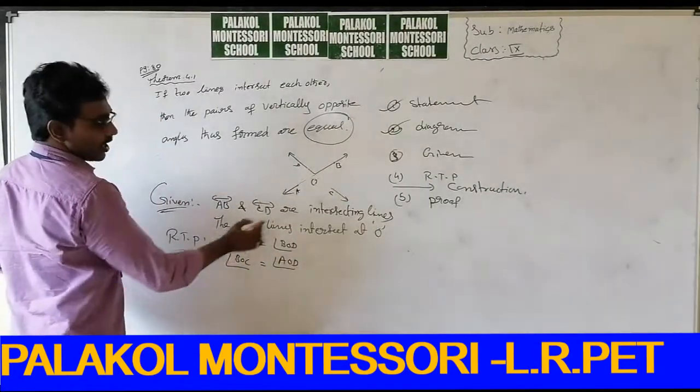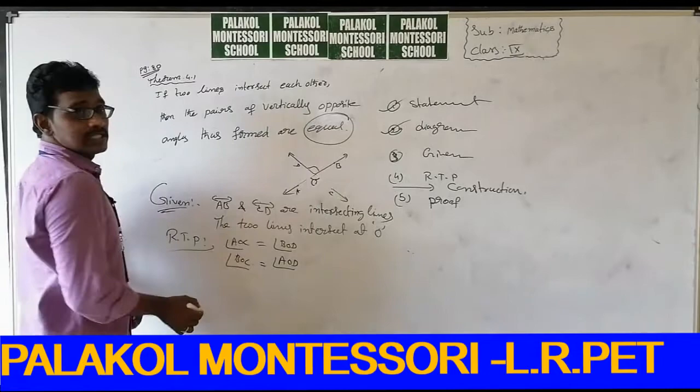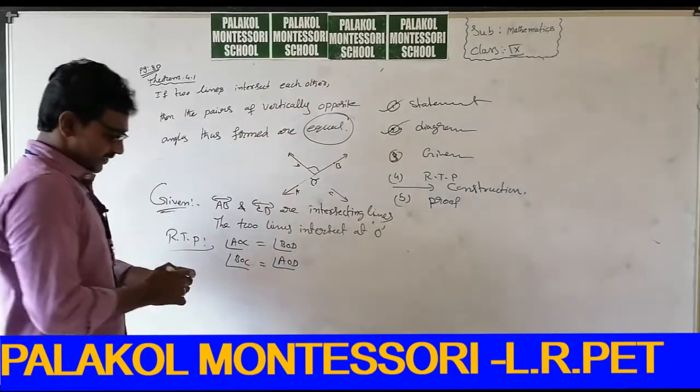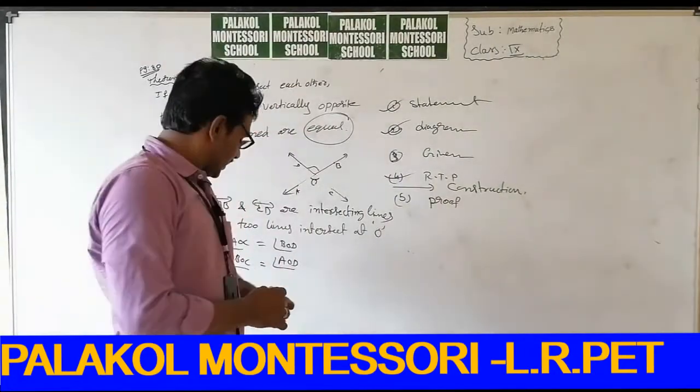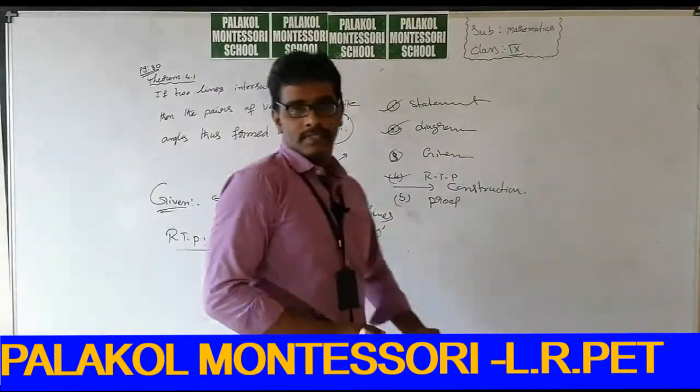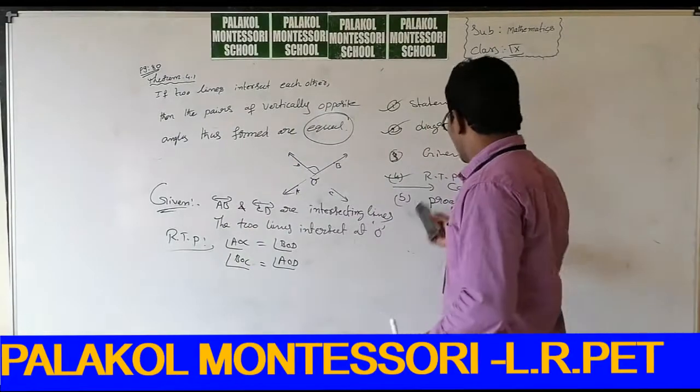So these are called vertically opposite angles. That is, angle AOC equals angle BOD. Another pair: angle BOC equals angle AOD. You show that they are equal. That is RTP. Is construction needed? No construction needed, so leave it. Now the proof.